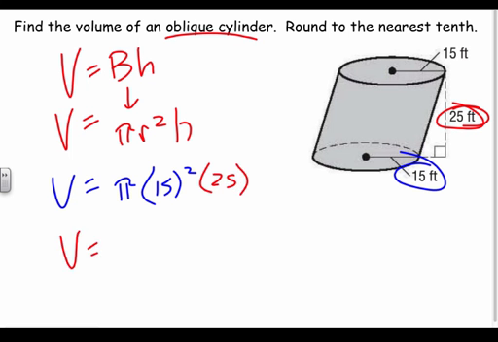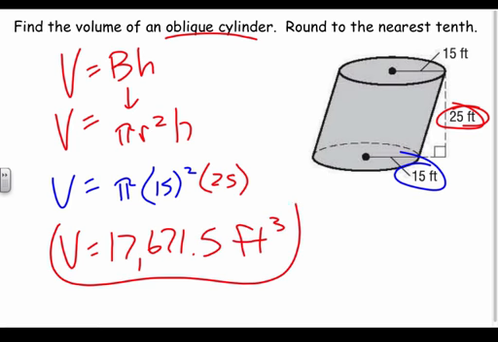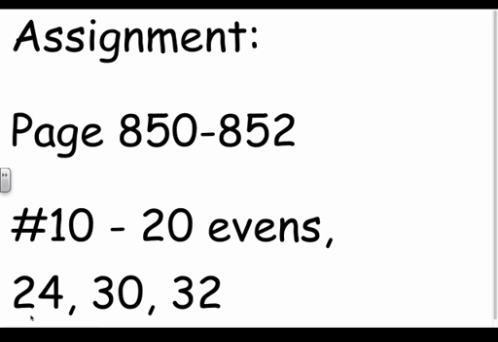So pi times 15 squared times 25. And we end up with 17,671.5 feet cubed. Because we are in volume now. There you go. So nothing really changes with the oblique. Still using the vertical height. And that's about all there is to it. So just area of the base times the height.